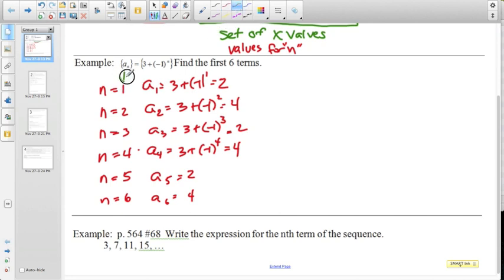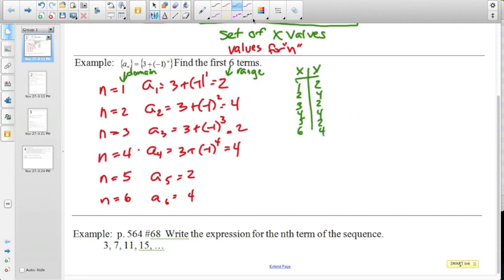It's the set of positive integers. So there's your domain. Here is your range, the set of y values. And if we look at this from a function standpoint, we can look at this as 2, 4, 2, 4, 2, 4.